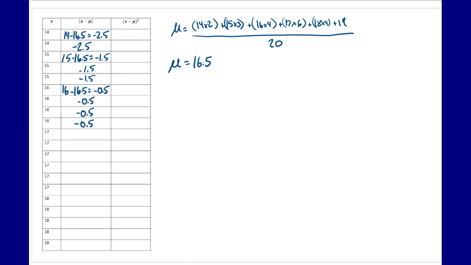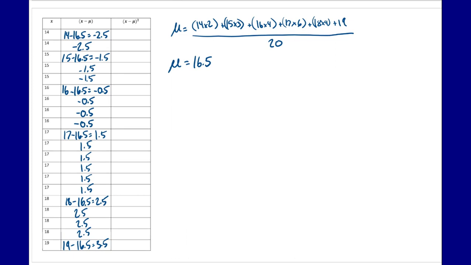Again, the first column is the distance each value is from the mean. So 17 minus 16.5, 18 minus 16.5, and then 19 minus 16.5.